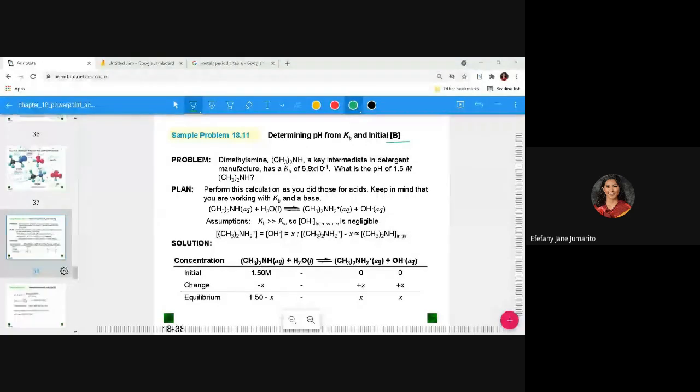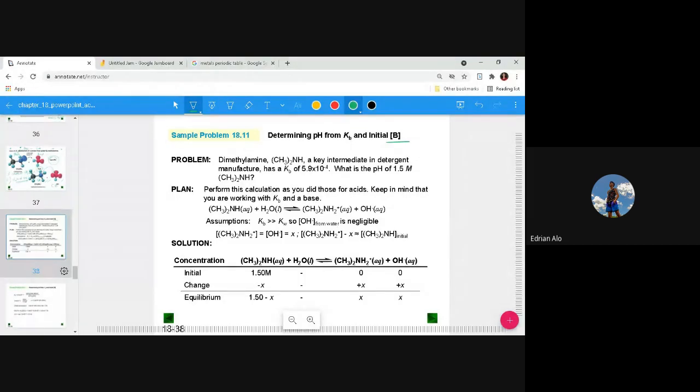Determining pH from Kb and initial concentration of base. Dimethylamine, (CH3)2NH, a key intermediate in detergent manufacture, has a Kb of 5.9 times 10 to the negative 4 power.